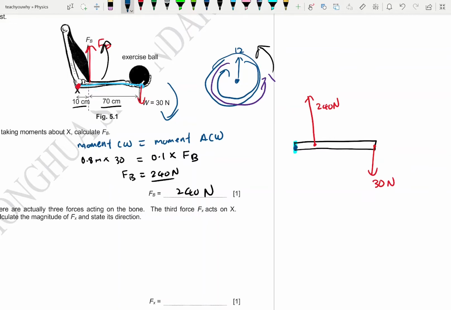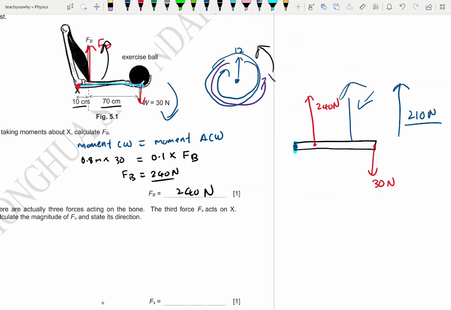So what does it mean? You're doing your bicep curl and then your forearm flies, this whole thing flies upwards. Not possible, right? So that is how our body works. Our elbow portion will have to give a force downwards so that your forearm will not fly upwards, so that we will have no net force.